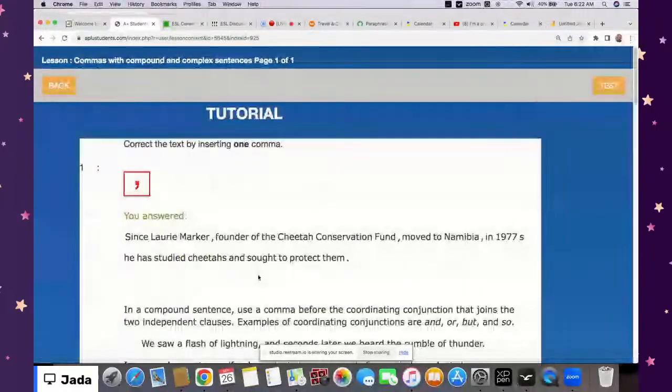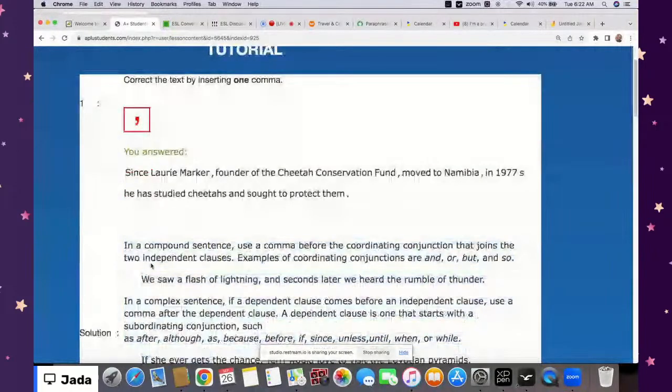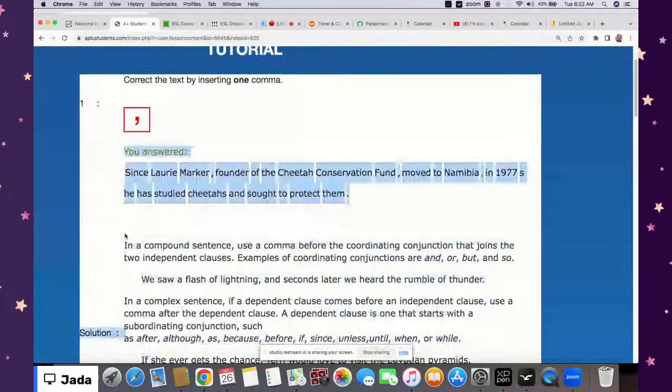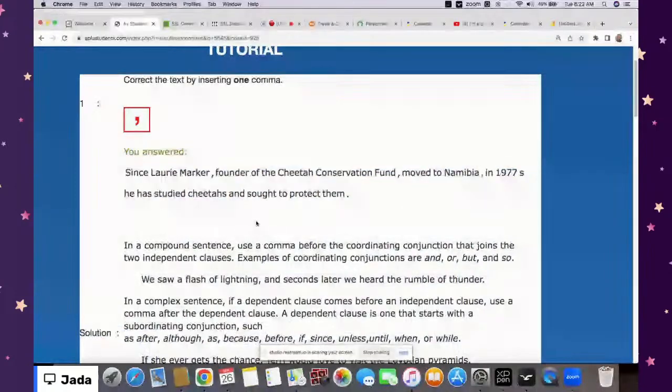Okay, so we have compound and complex sentences. Note the compound sentence: use a comma before the coordinating conjunction that joins the two independent clauses. In a compound sentence, you have to use a comma before the coordinating conjunction.